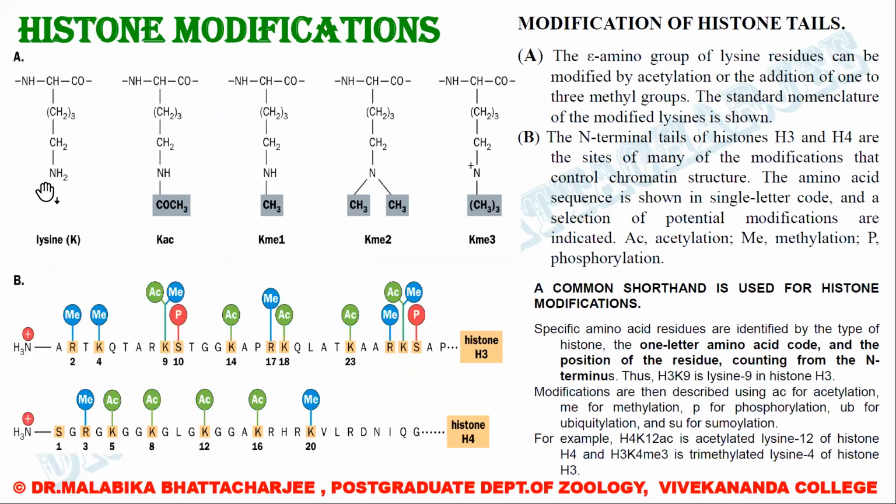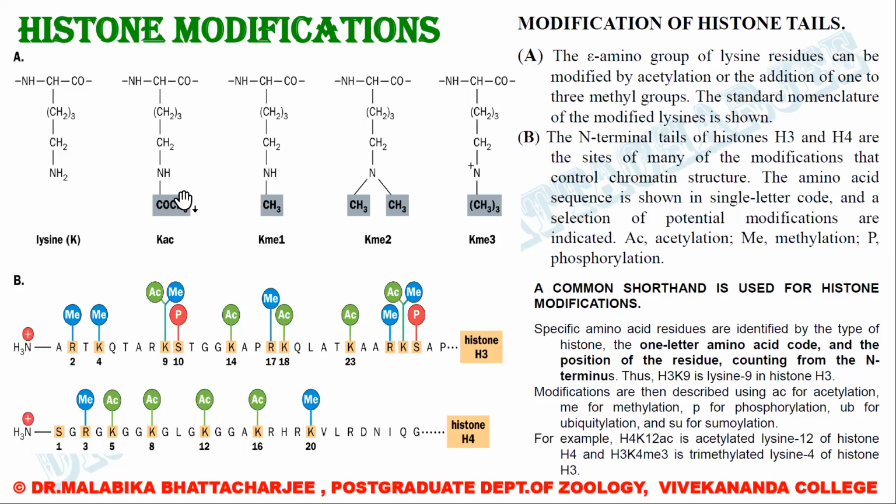So what happens when lysine is present in the amino terminal tail? It actually neutralizes the charge of DNA. DNA is negatively charged and histone is positively charged. So this positive charge, to some extent, is provided by the lysine molecules of the histone moieties.